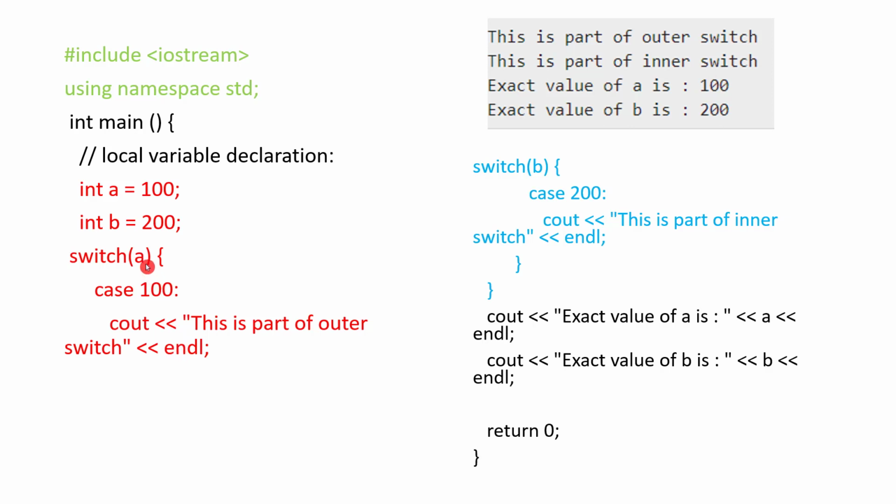So we have switch a, meaning we have defined two values, integer a and integer b. Suppose a is case 100, because switch is 100, so directly this output will come. Then again it will come to switch b, case 200 is true. Then this is part of the inner switch, and it will be displayed here. Then cout the exact value of a is 100, and the exact value of b is 200.